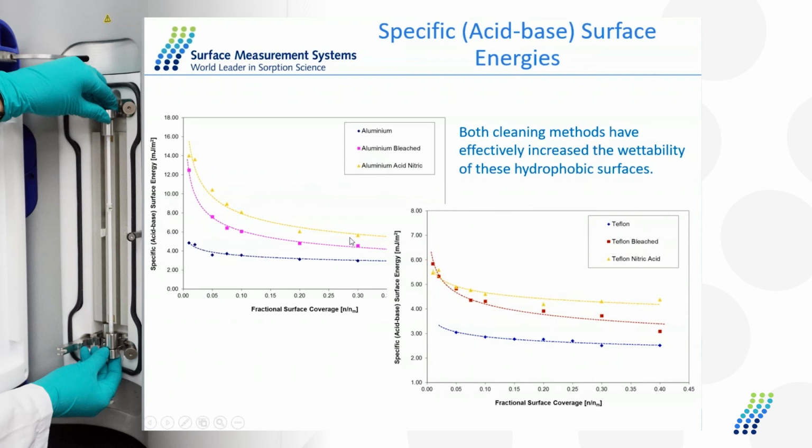So the raw surfaces had a relatively low acid-base component to the surface energy. You can see here and here, but by bleaching and or treating it with nitric acid, we've increased the acid-base or polar functionality of the surface. Therefore, they would be more likely to wet than the raw material.